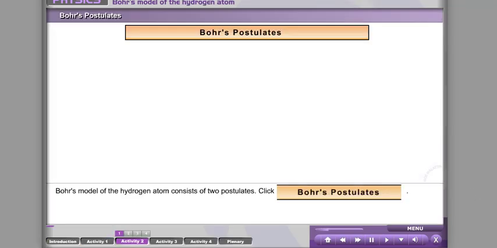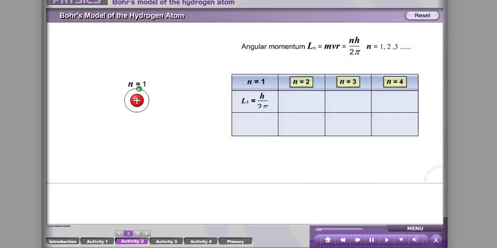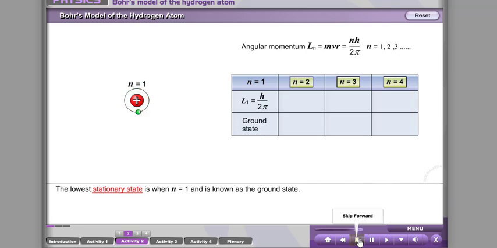Bohr's model of the hydrogen atom consists of two postulates. Click the Bohr's postulates button. The lowest stationary state is when n equals 1 and is known as the ground state.